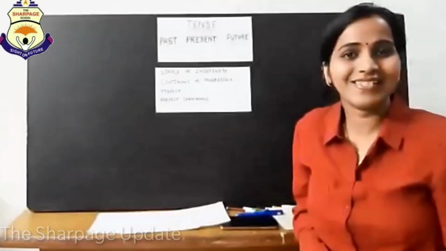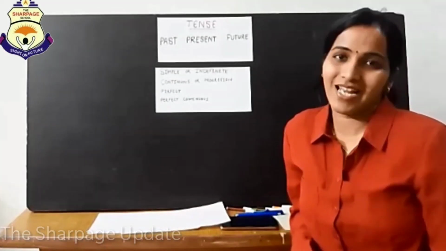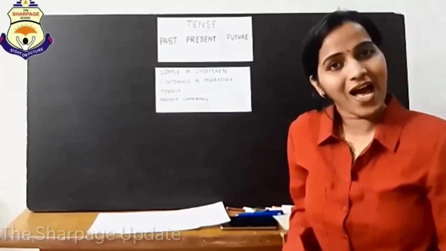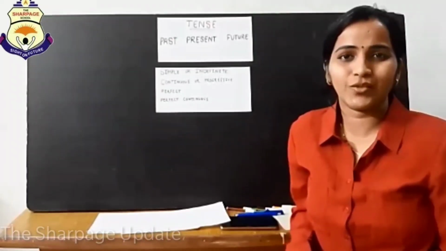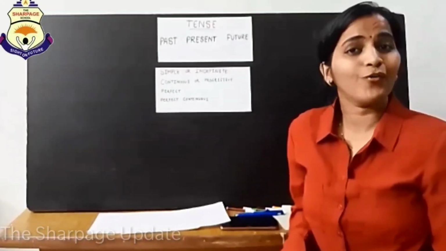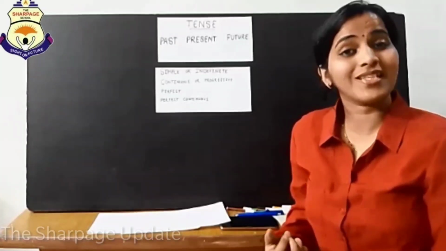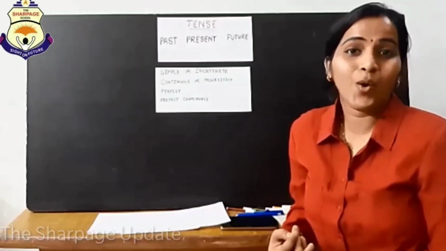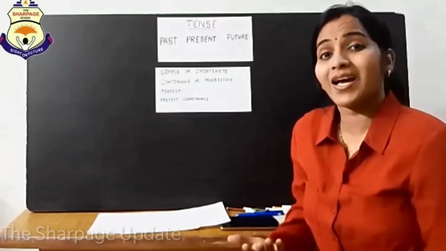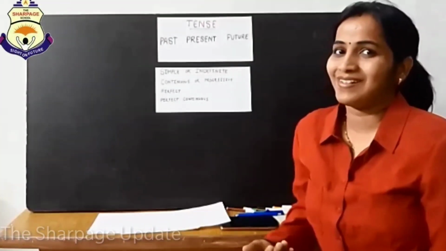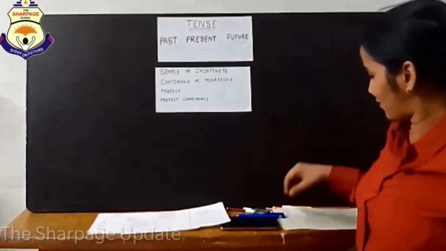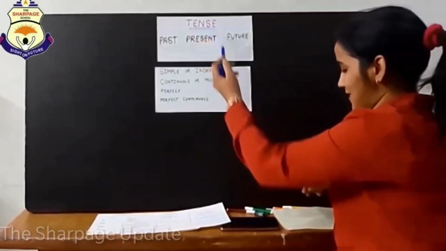What are tenses? It describes when any action happened with respect to time, or we can say tenses help us to talk about the timing of our activities, when the particular activity is done. Now have a look. Tense.